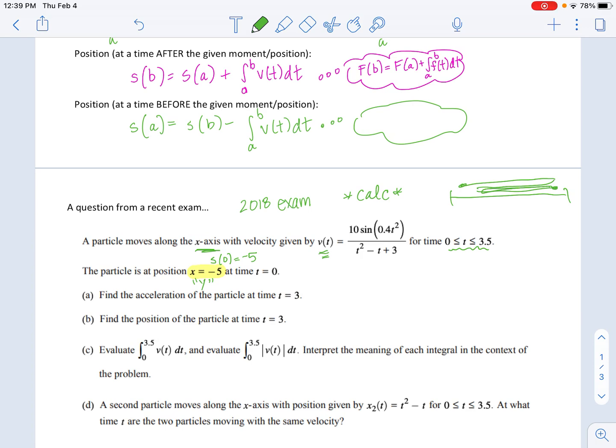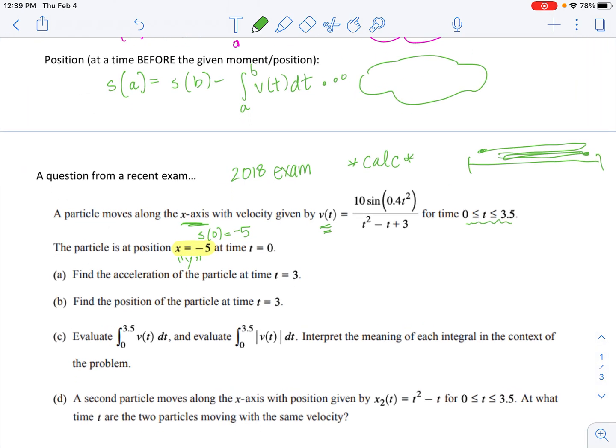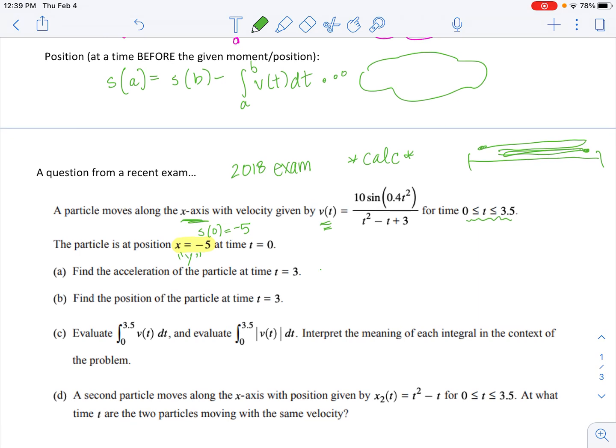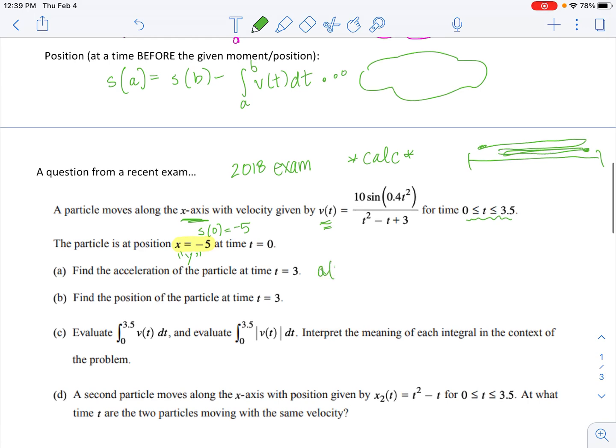So for part A, find the acceleration of the particle at time 3. We are just going to show our work and then use the calculator to provide the answer to the judges. Acceleration at time 3 is equivalent to the velocity's derivative at time 3.